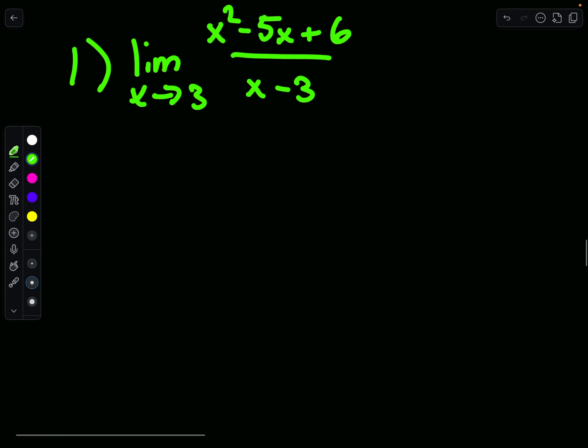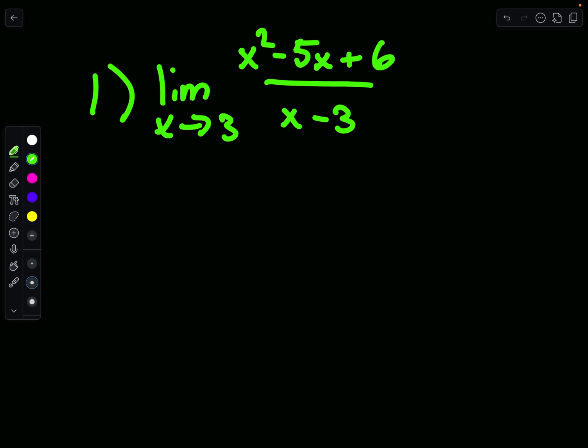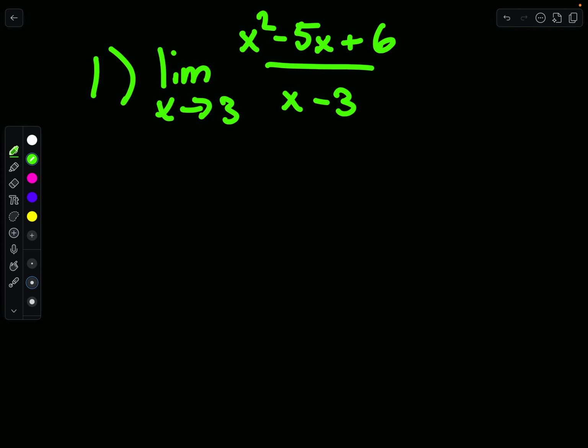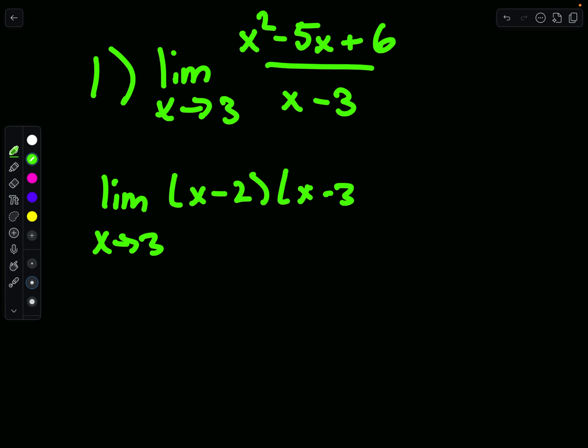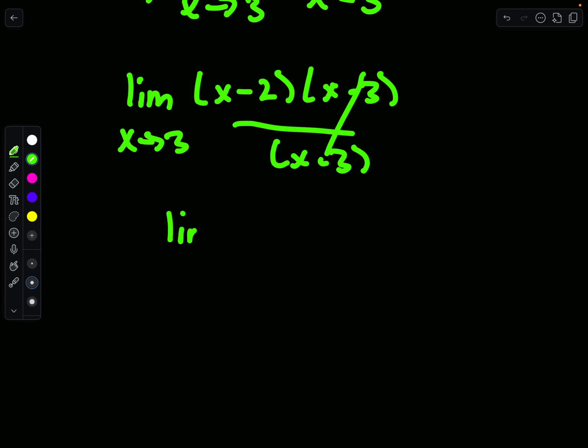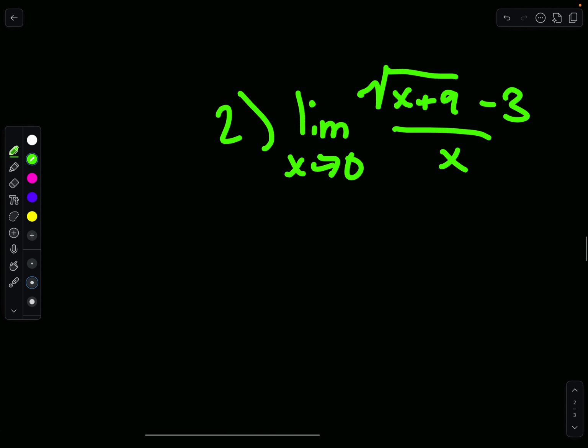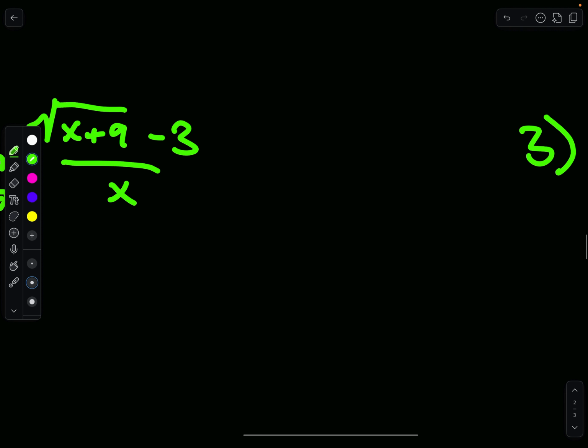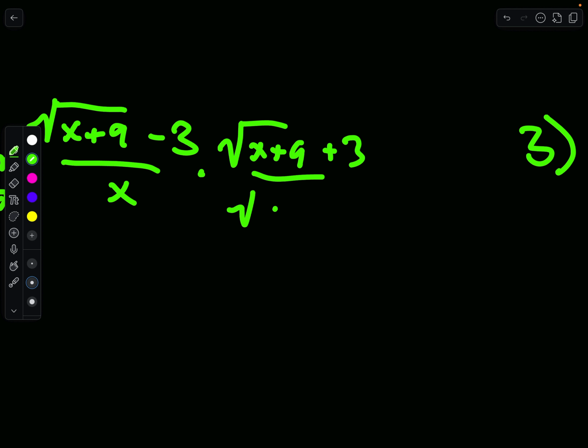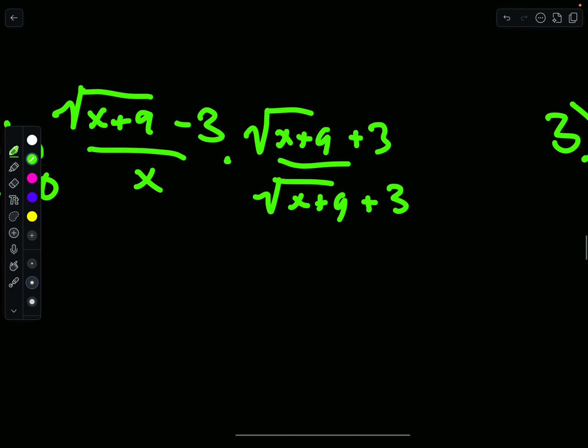Welcome back. Now we will go through each of the problems together. For this one, you can factor the numerator to get the limit as x goes to 3 of x minus 2 times x minus 3 over x minus 3, cancel. Then you get the limit as x goes to 3 of x minus 2 equals 1. Now for the next problem, we multiply by the conjugate, which is root x plus 9 plus 3 over root x plus 9 plus 3.